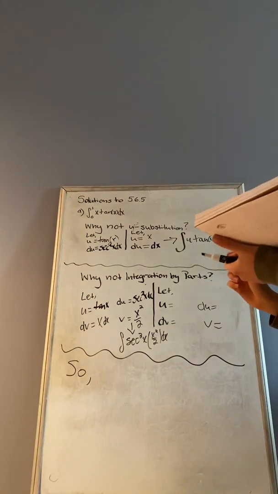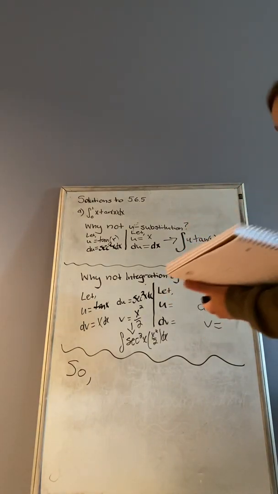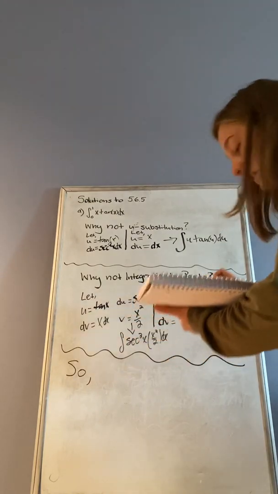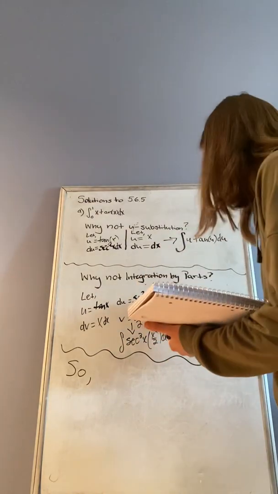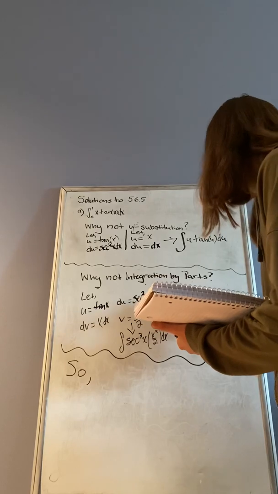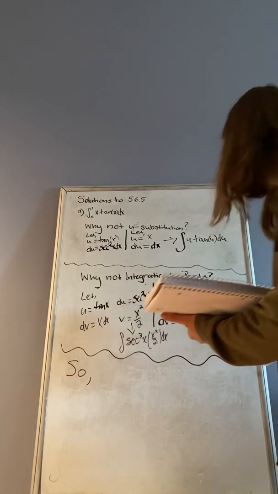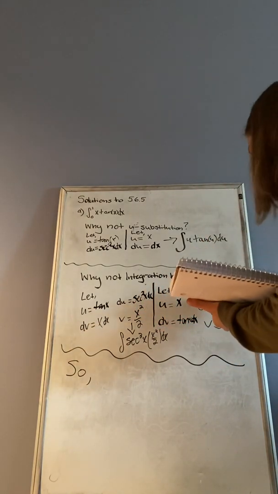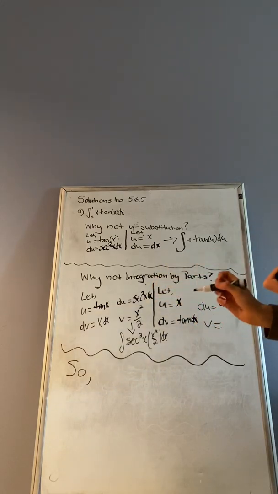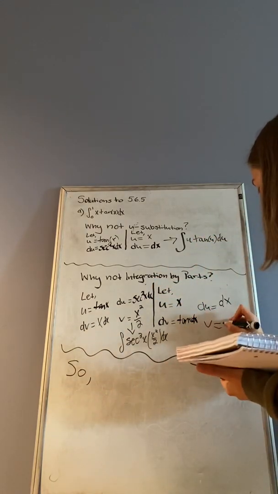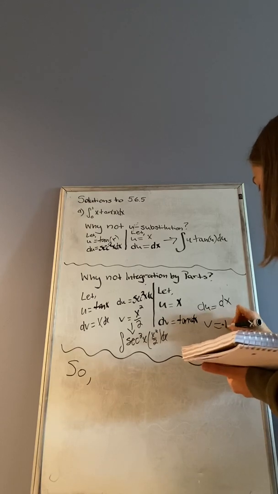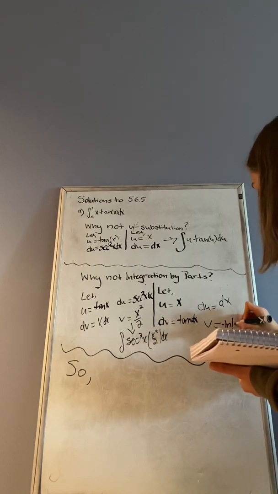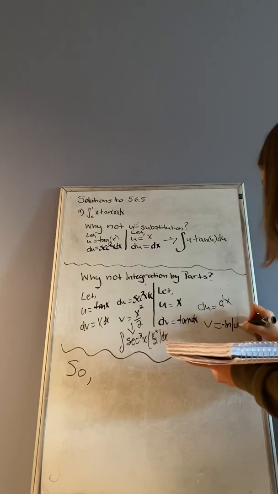And then you would have, if you tried it the other way, you would let u equal x, and you would have dv equal tan x dx. Then du equals dx. Okay, but then v would equal something really funky. It would equal the negative natural logarithm of cos x.